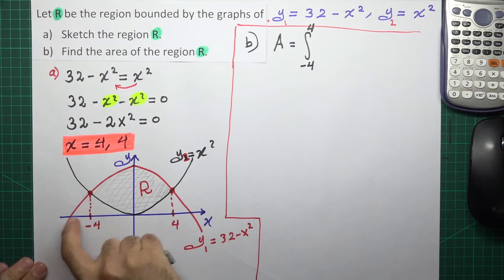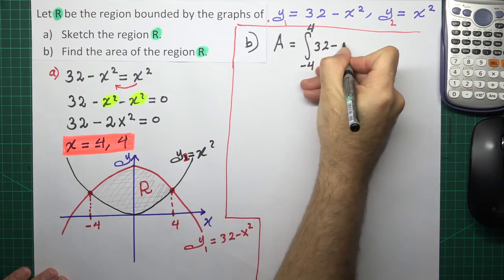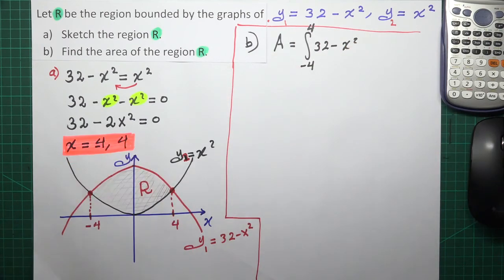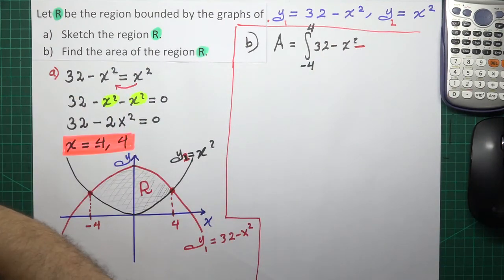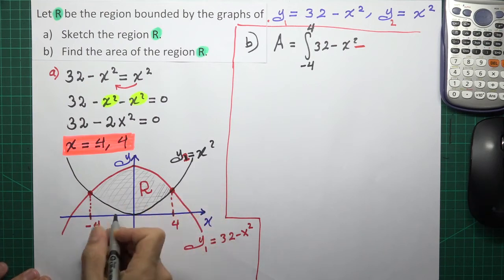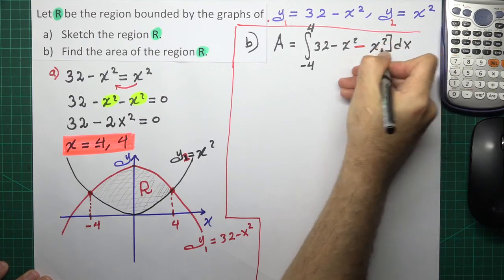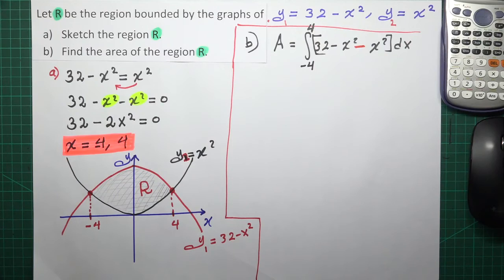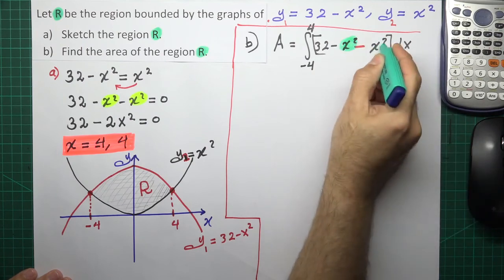And as you observe, students, the function on the top is 32 minus x squared. So I start with this, 32 minus x squared, then minus, as I told you before, this minus is fixed, the function on the bottom, the one coming from below. And as you observe, the lower bound of this region, the black one, is x squared. So x squared dx.